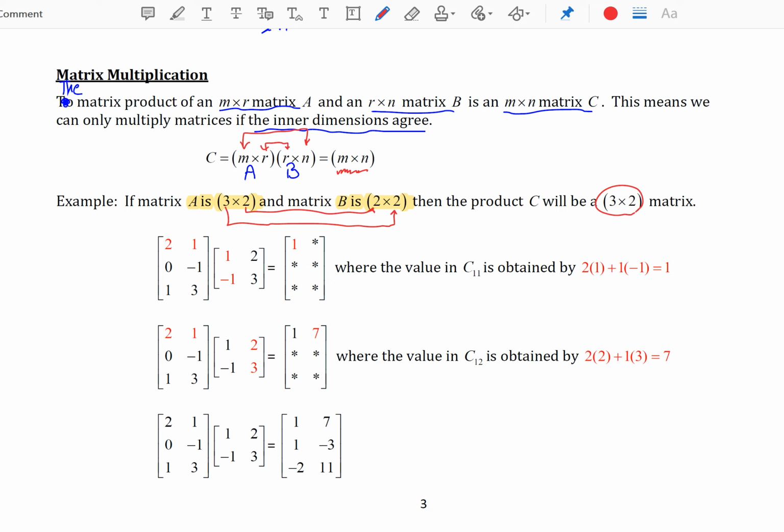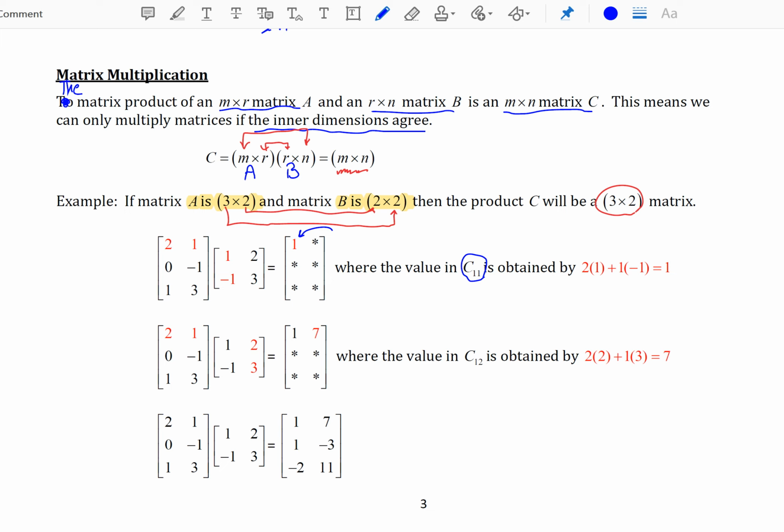How do we actually come up with this matrix C? So one way to look at this is to first maybe identify that you're looking for specific entries in your matrix. For example, this entry here is referred to as your C11 entry because it's in the first row and the first column.